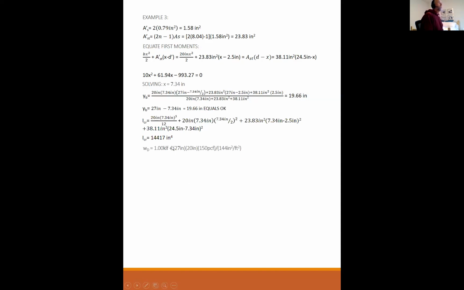Okay, do I have any questions about the geometry, the section properties? If you want to calculate y bar from the top, you can do that, correct? Yes, you could. It might be a little confusing though, but that's a great question.